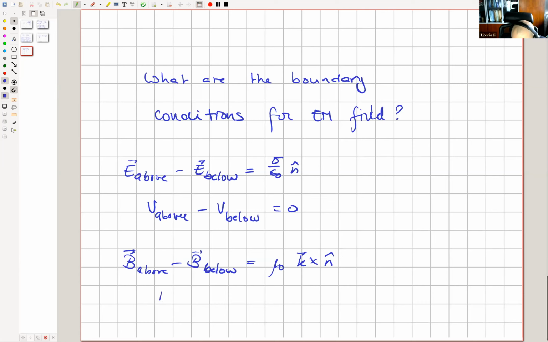Similarly, for the vector potential, this is just a continuous thing, equals 0.